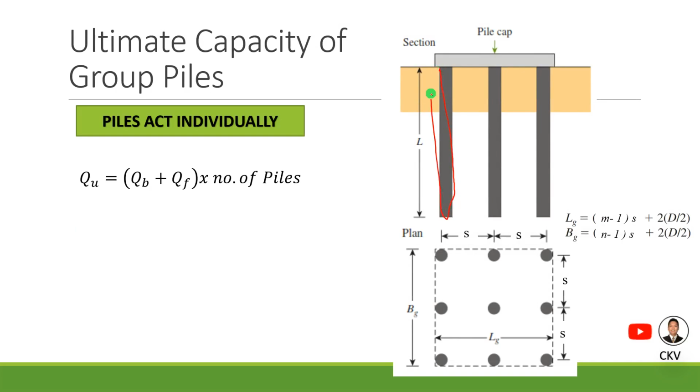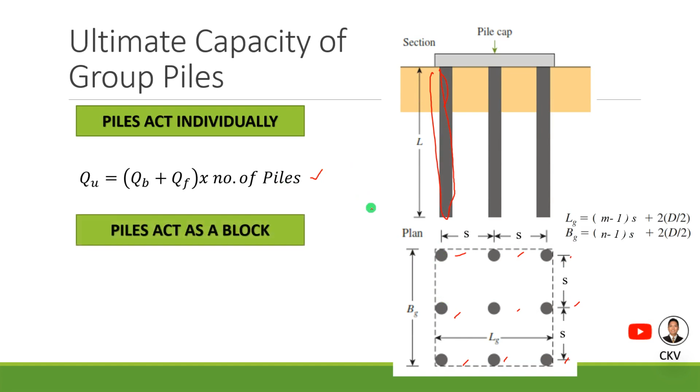Then you just multiply it by the number of piles. So if our piles for this group pile are identical, we just determine the ultimate bearing capacity of one pile and multiply it by the number of piles. That's for the piles acting individually.